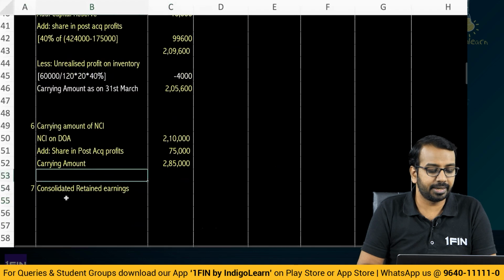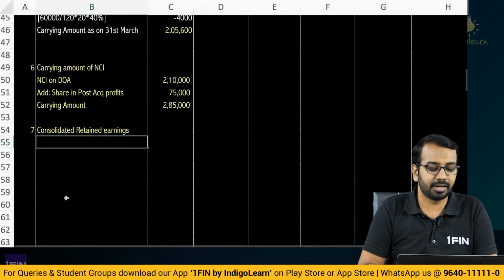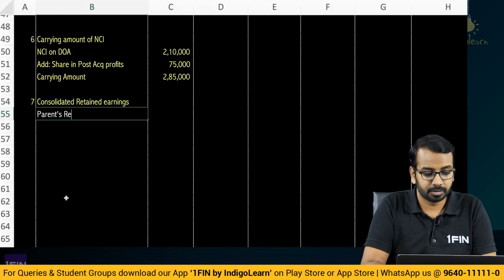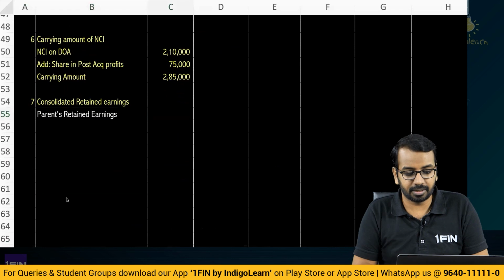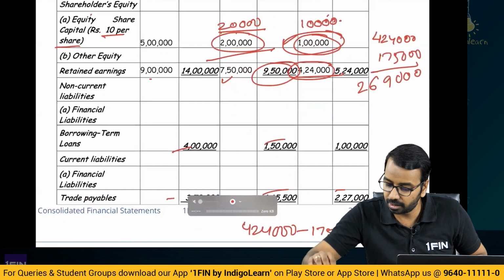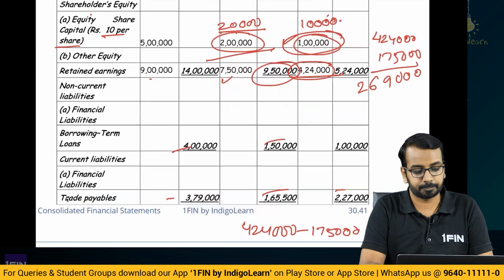Then consolidated retained earnings. Now as far as consolidated retained earnings is concerned, we have to take parent's retained earnings. How much is parent's retained earnings? In the question if we see, parent's retained earnings is given to be 14 lakhs.